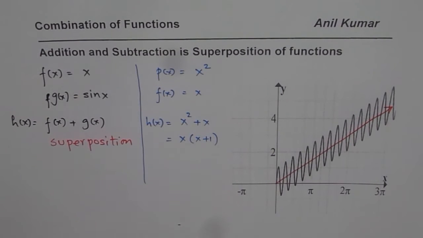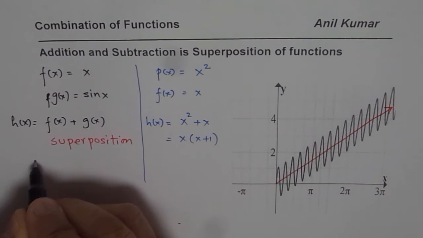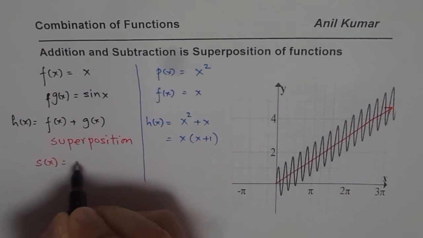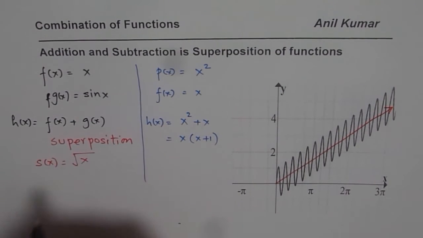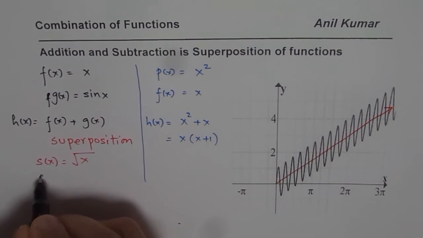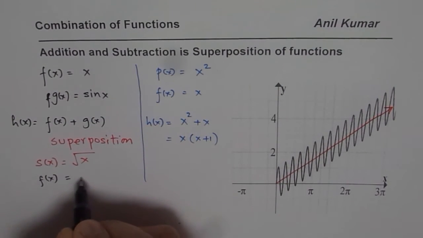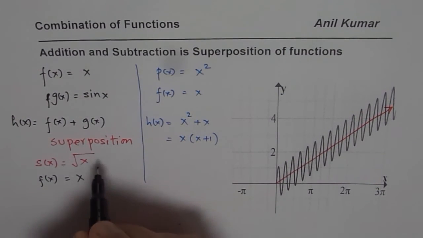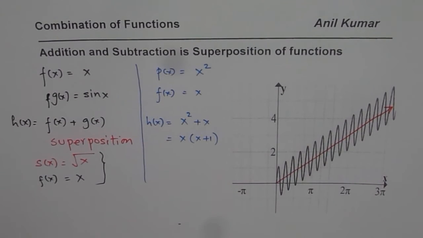As a practice, what you can do is you can work with functions like, let's say, square root x. Let's say s of x equals square root of x. And then let us say that we have a function f of x. Let's combine this with x. Now when you try to combine these two functions, then as you know, the domain of square root of x is not all real numbers.